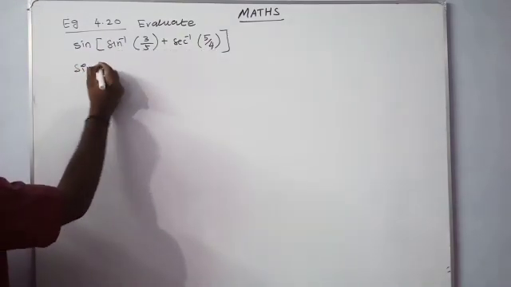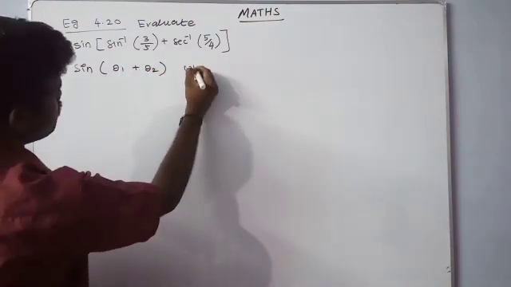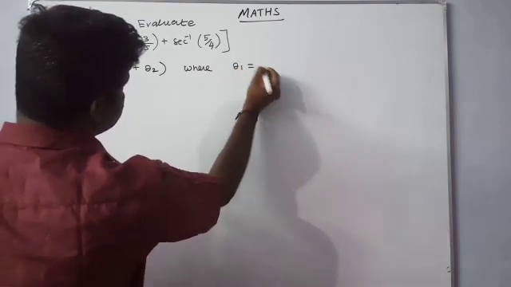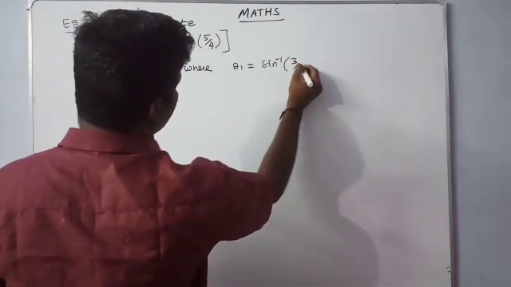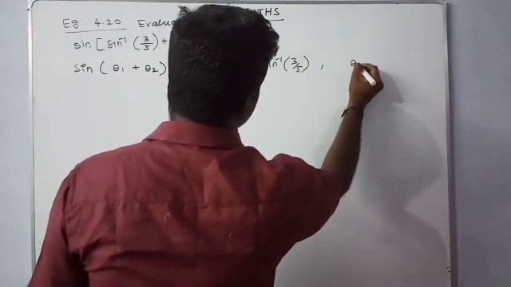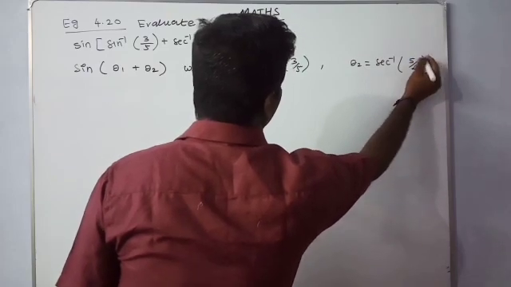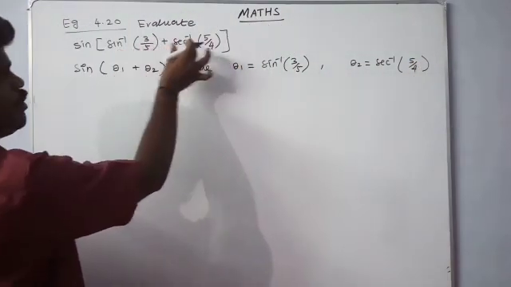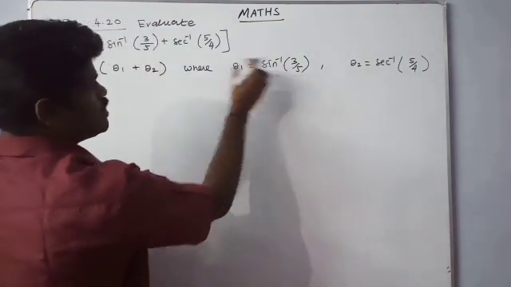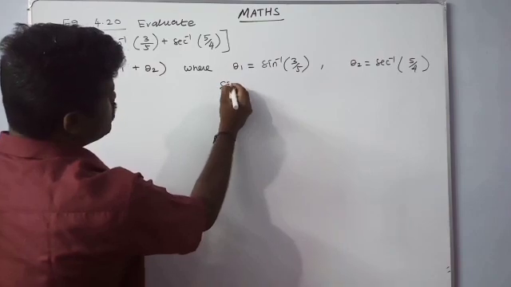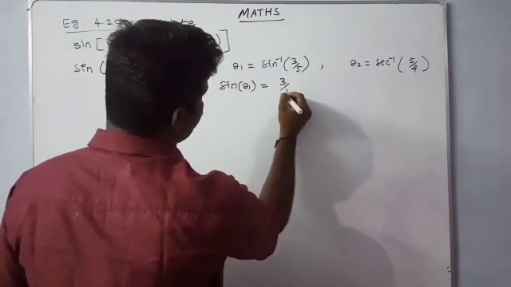Let us take sine of theta 1 plus theta 2, where theta 1 is equal to sine inverse of 3 by 5 and theta 2 is equal to secant inverse of 5 by 4. Now we want to simplify this value. Sine inverse to this side, sine theta 1 is equal to 3 by 5.